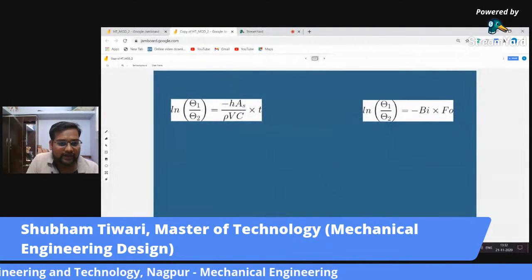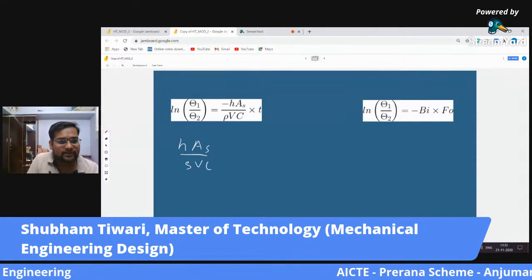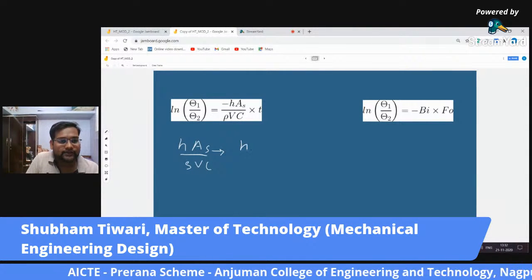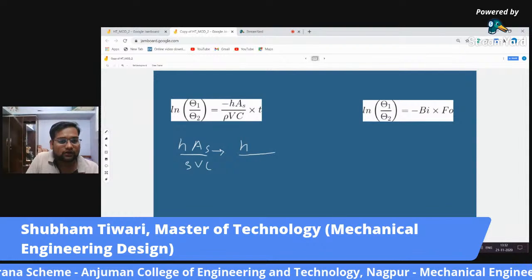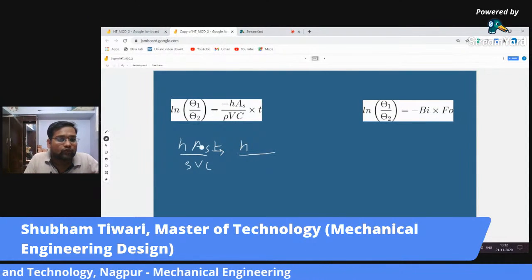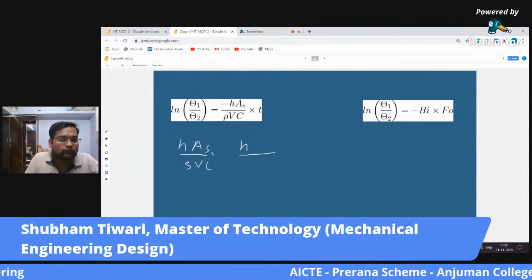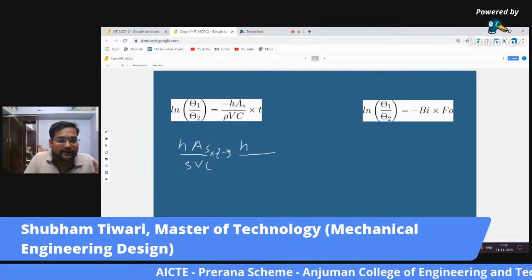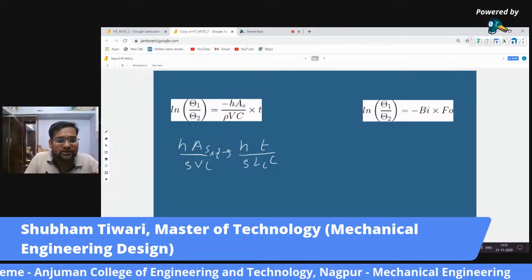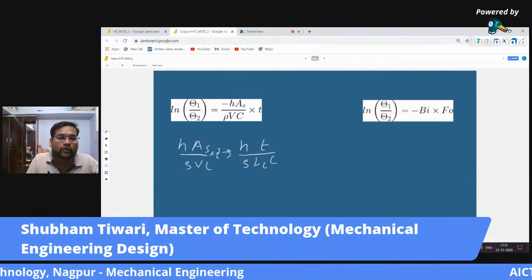Okay. Now we have this equation, hAs upon rho VC. This we can write as h, sorry, it was also multiplied by t. Multiplied by t. Now this can be written as ht upon rho Lc into C, because that is the value of characteristic length, V by As.